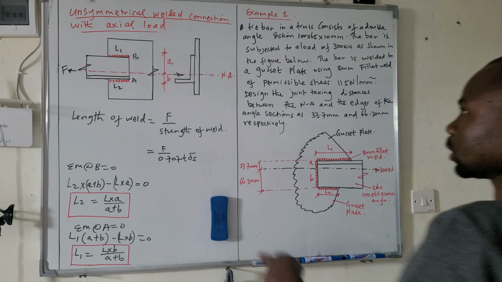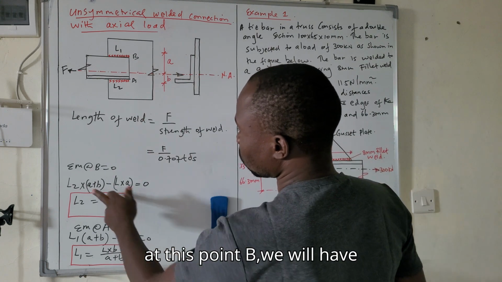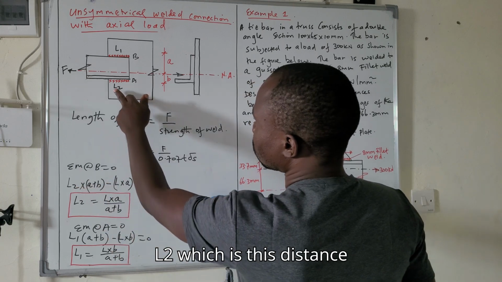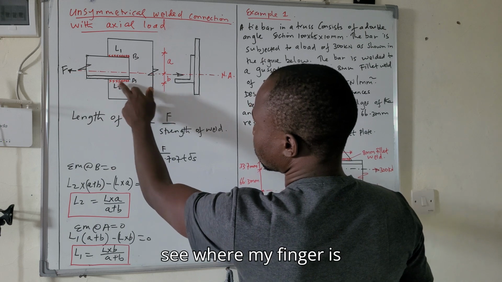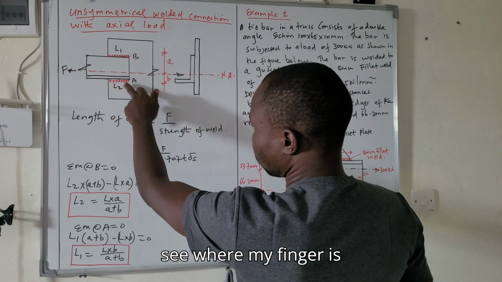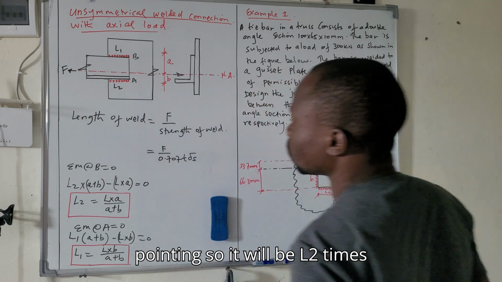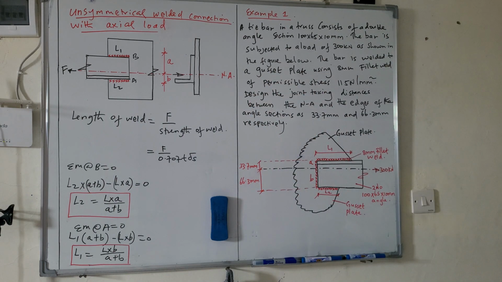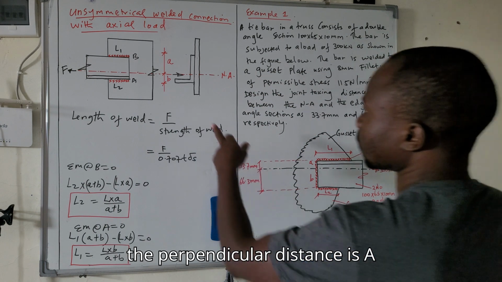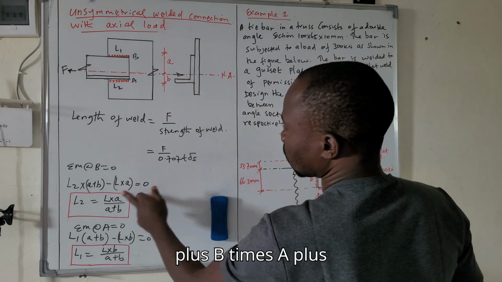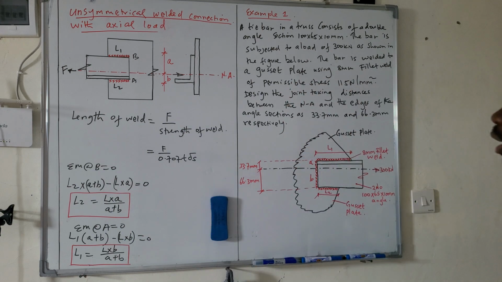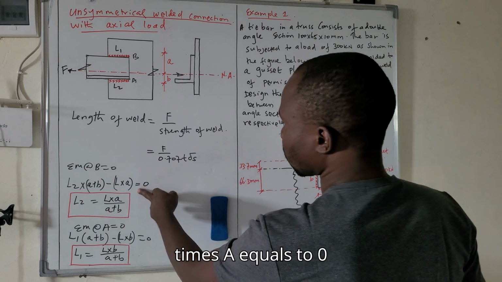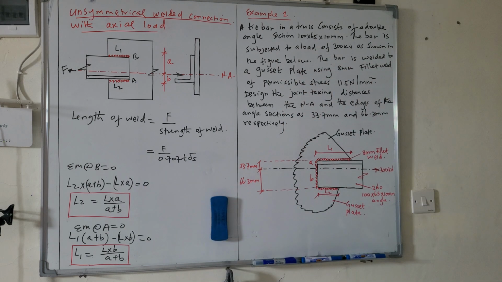If we sum moment at this point B, we will have L2, this distance of the welded part, as you can see where my finger is pointing, times the perpendicular distance A plus B, minus L, the total length, times A equals 0.